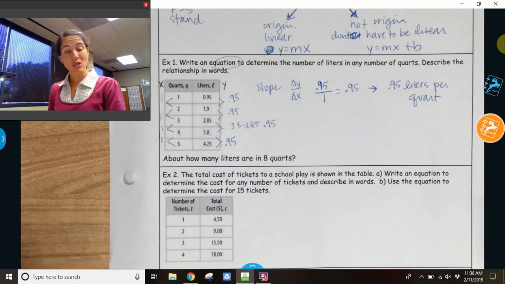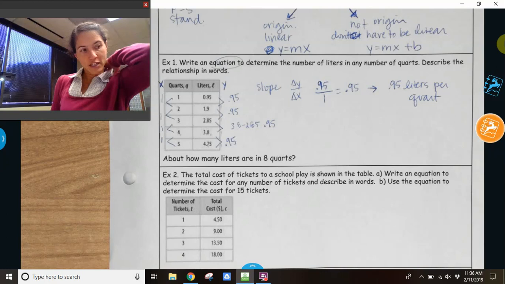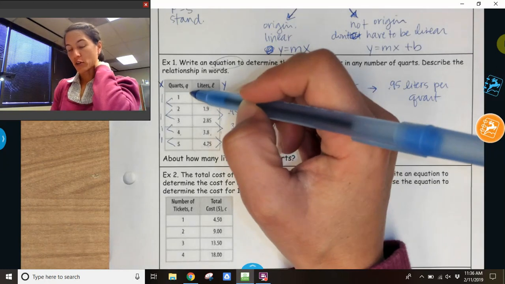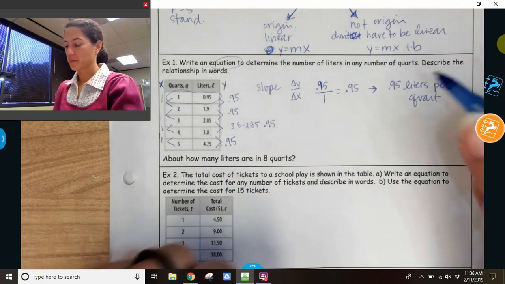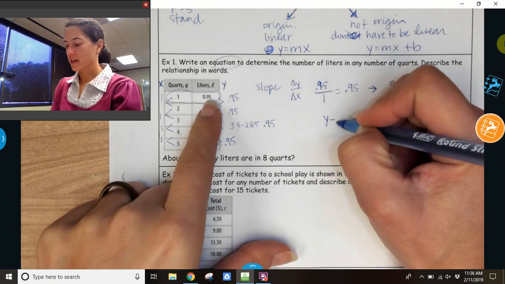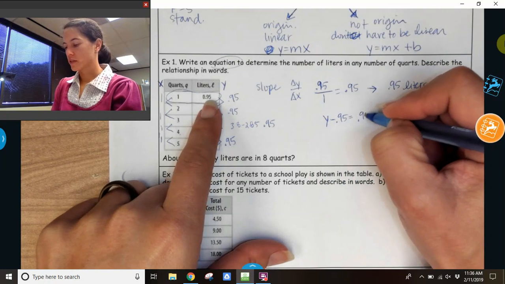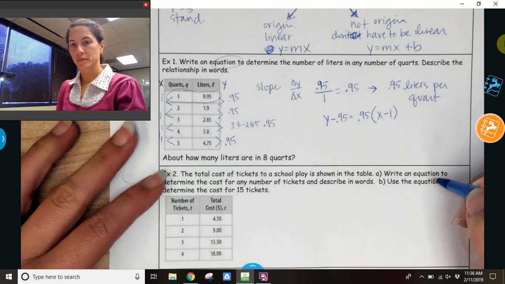Now that I have my slope, I can write my equation. If you would like to pick a point to put it in point slope, I'm just going to pick that first point. So y minus 0.95 equals the slope times x minus 1.